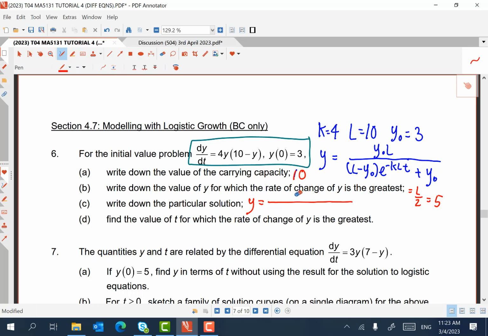Oh, my math. 30, right? 30. And then L minus y naught is 7, e to the power minus kL, which is 40, plus 3. Okay, Jingwen, how do you do 6?